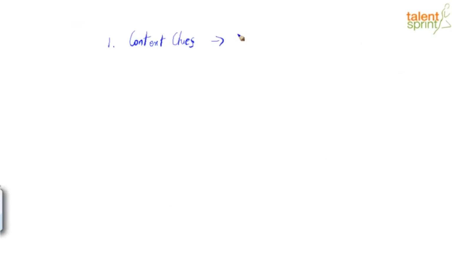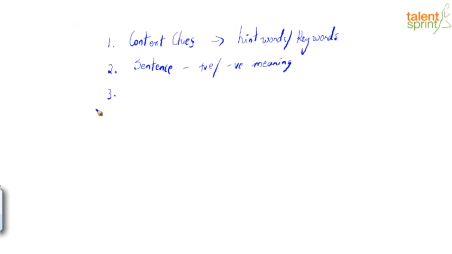So you can have hint words, keywords that will help us. Another strategy is if the sentence is giving us a positive or a negative meaning, that will also help us identify the right answer choices. Another one is you need to be familiar with, obviously, basic grammar, right?